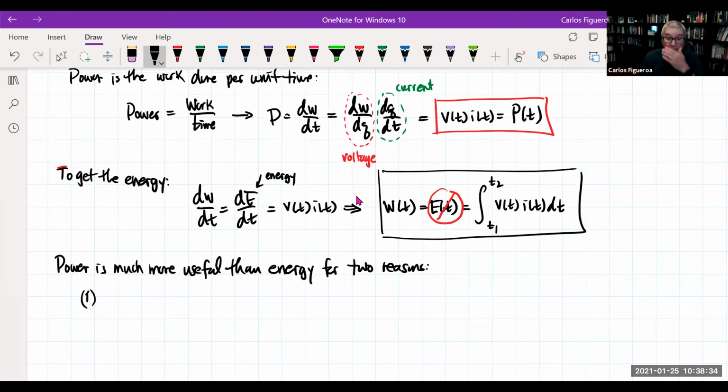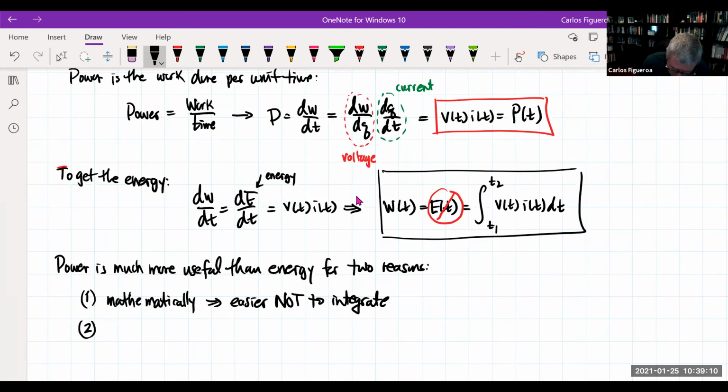One, mathematically, it's easier not to integrate. Look at that. You'd have to integrate this in order to get the energy. That's crazy. But if I want the power, I just multiply the voltage times the current and I'm done.